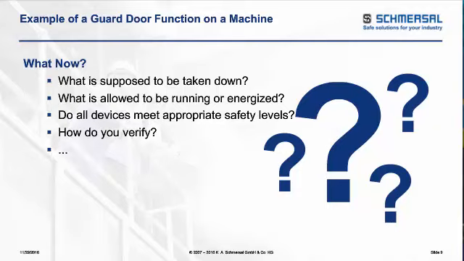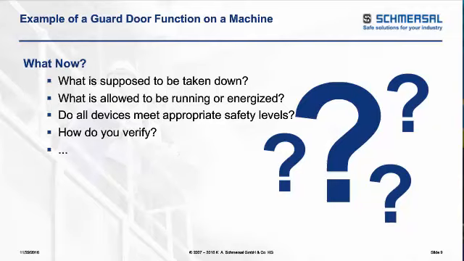So as you can see by the questions there, what is supposed to be taken down? Meaning, what are the hazards or what are the objects causing the hazard? Is it a moving hazard such as a crushing or a nipping point caused by a motor, a pneumatic or hydraulic cylinder? What is the real hazard by opening up that guard door per the risk analysis?